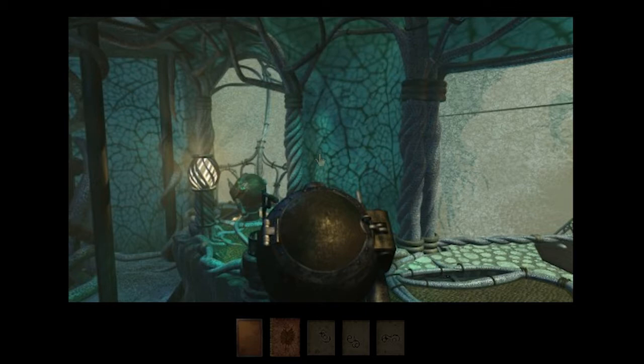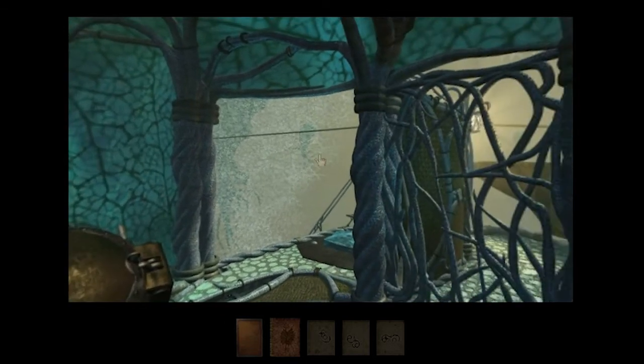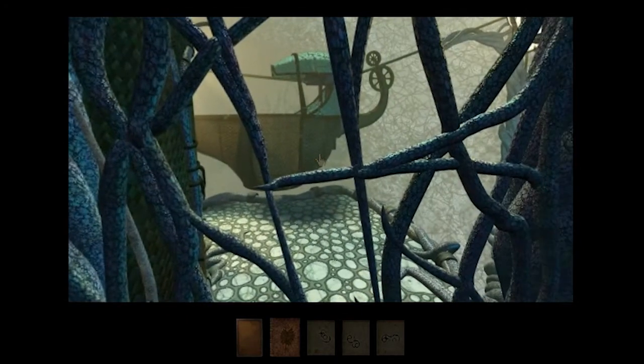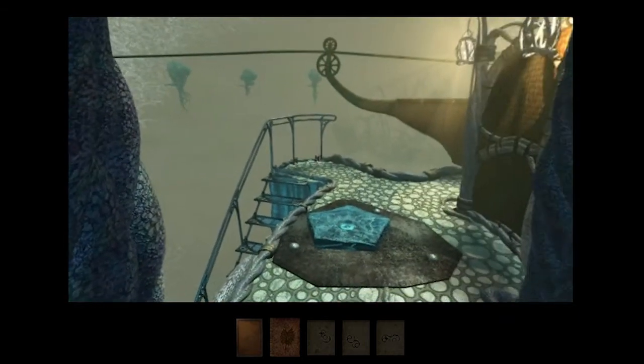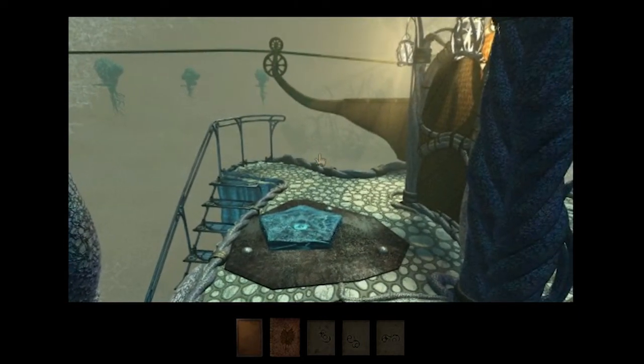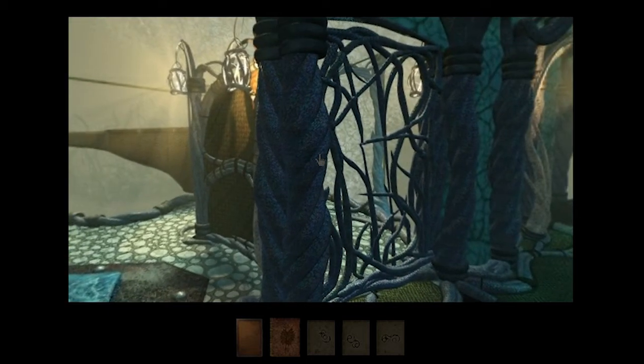So I'll do it that way. Left panel equals open door. Whoops.